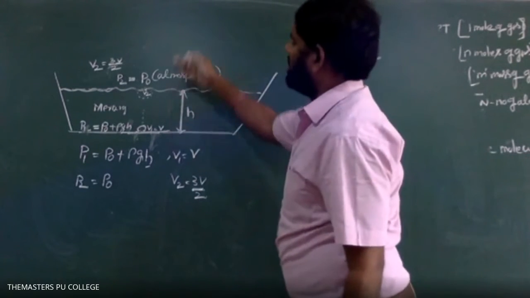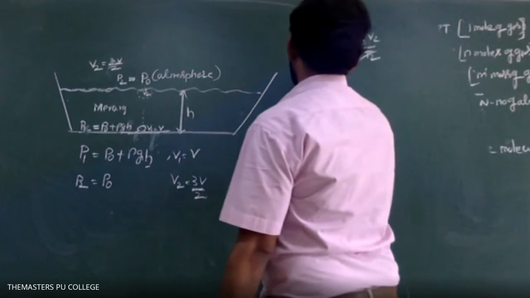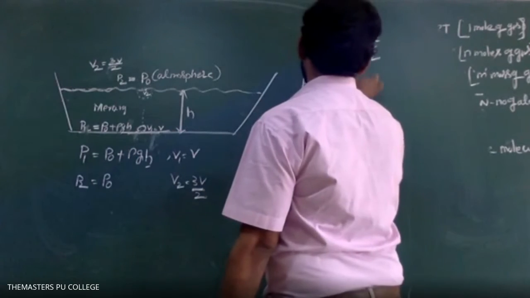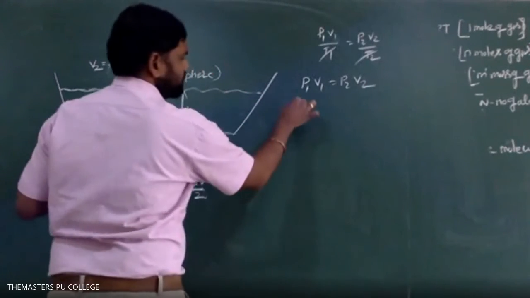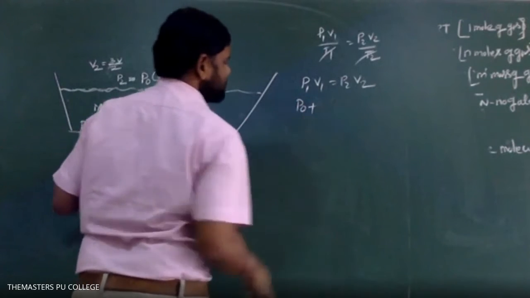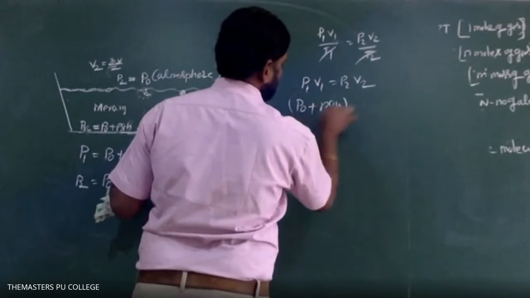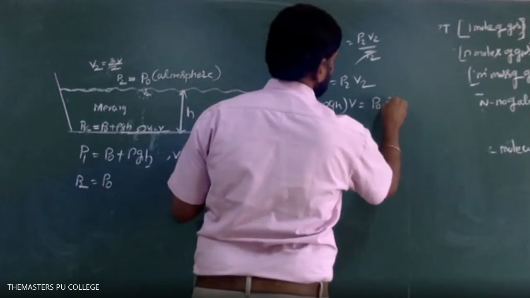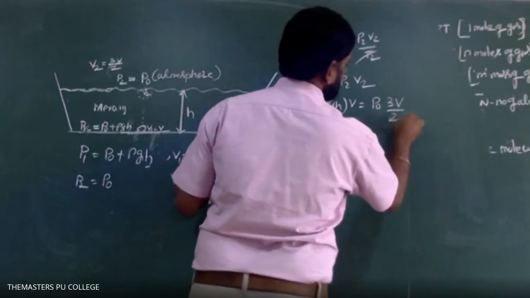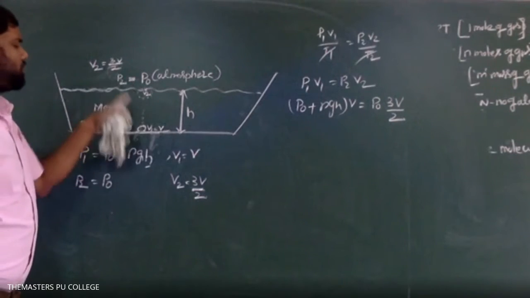The temperature of the lake is constant, so T1 and T2 cancel. Then P1 V1 is equal to P2 V2. So P1, that is P0 plus rho g h, into V is equal to P2, that is P0, into 3V by 2, 3 by 2 times the volume at the bottom.